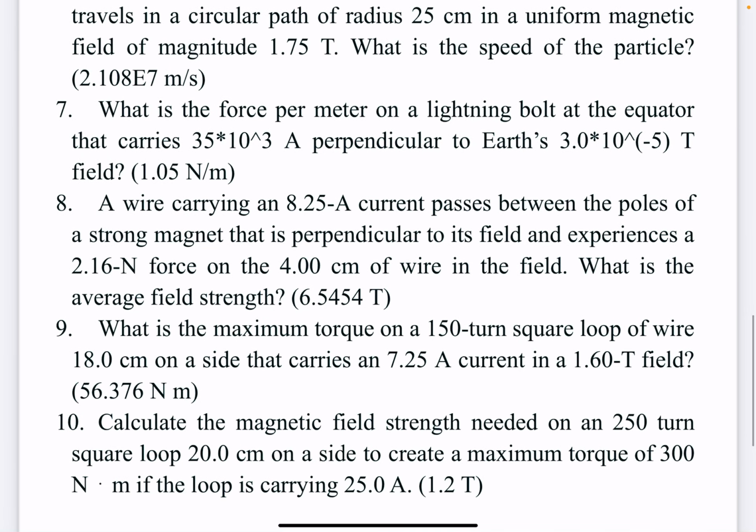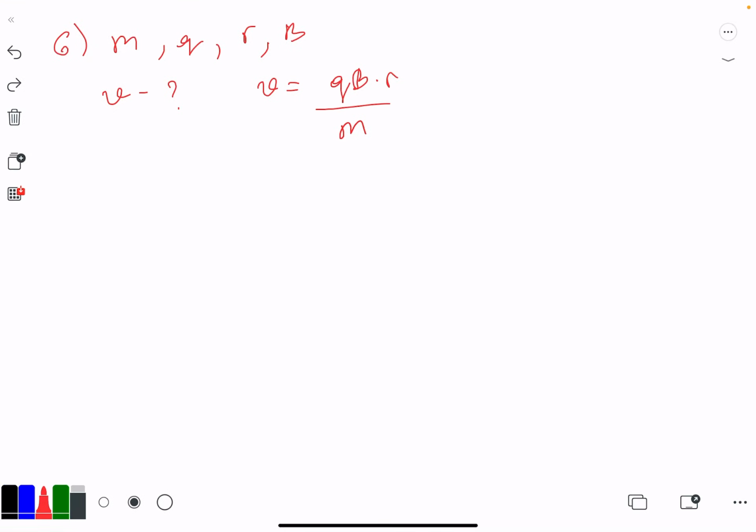Problem number 7. What is the force per meter on a lightning bolt at the equator that carries current perpendicular to the Earth's magnetic field? So you have to calculate the force per meter. The current is given and the magnetic field is given.